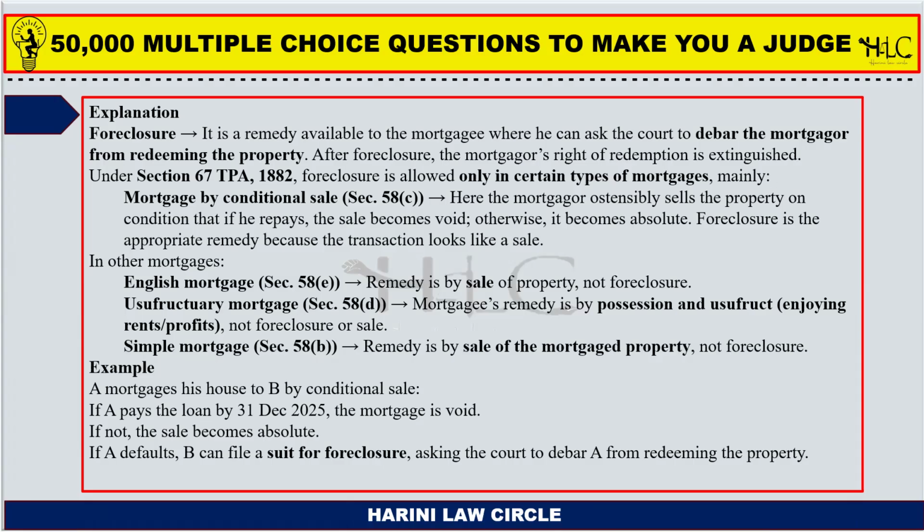That is known as usufruct. And a simple mortgage is mentioned under Section 58, subclause B. Here the remedy is by sale of the mortgaged property, not foreclosure. The mortgagee simply sells the property and there is no foreclosure part. There is no application to the court to debar the mortgagor from redeeming the property. Such transactions don't happen here.